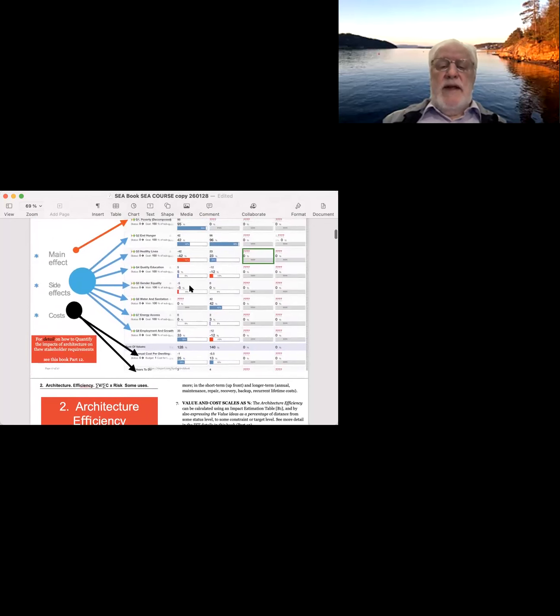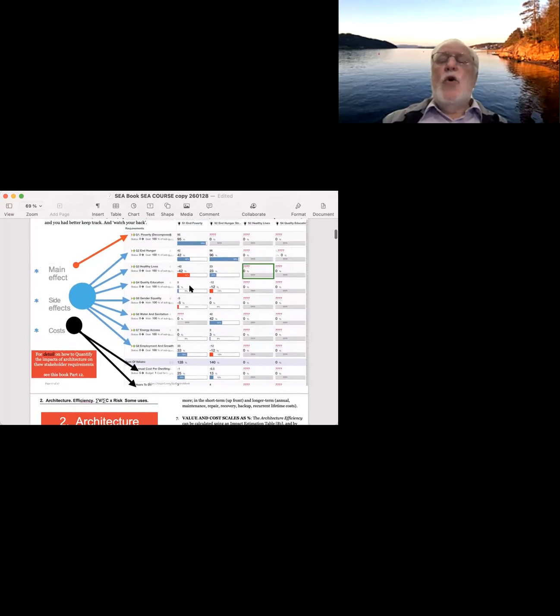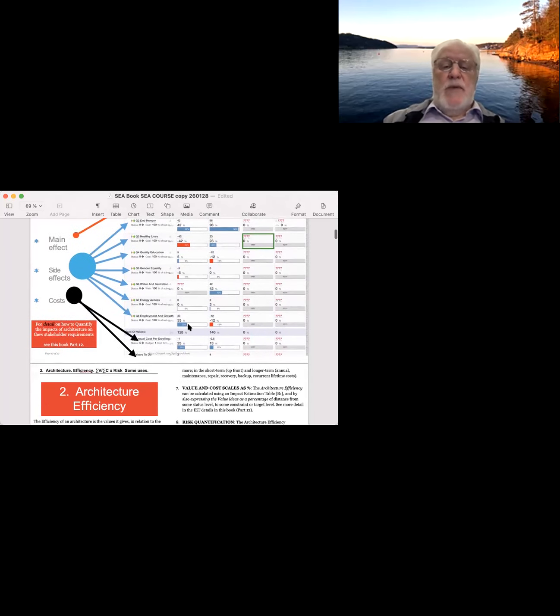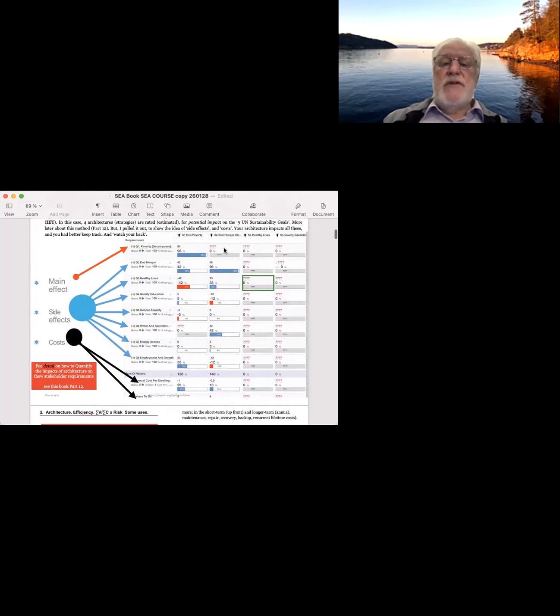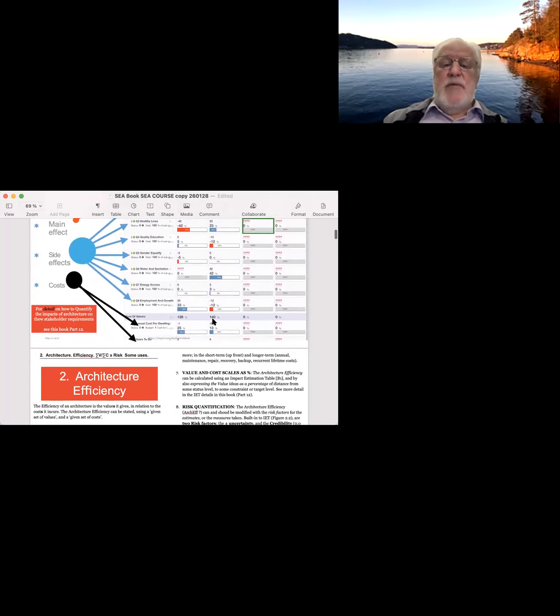We have an oversimplified way, admittedly: we can add up all the percentage contributions, and we get a number, in this case, 128. And for the next architecture, the end hunger architecture, we add up, we get 140.